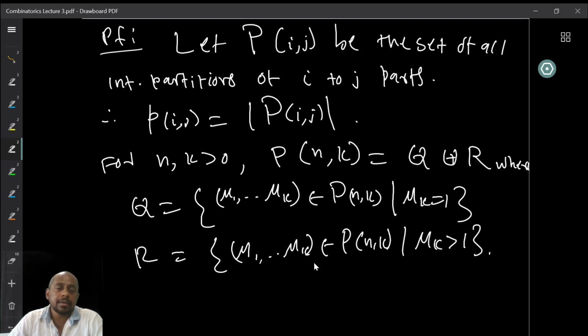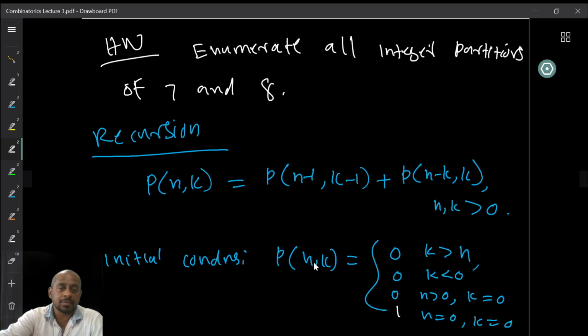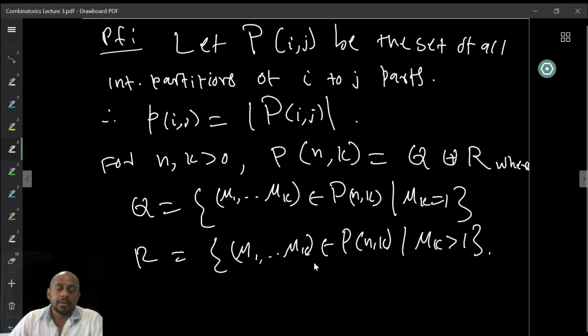So you get a partition mu_1 to mu_{k-1}, but this is a partition of n minus 1 into k minus 1 parts, because we have subtracted 1 and removed one part. So we have exactly a partition of n minus 1 into k minus 1 parts.